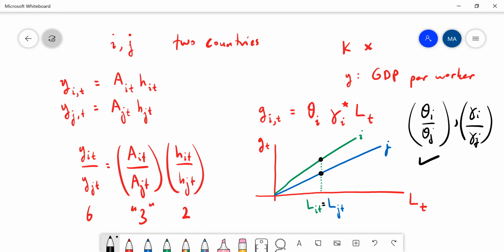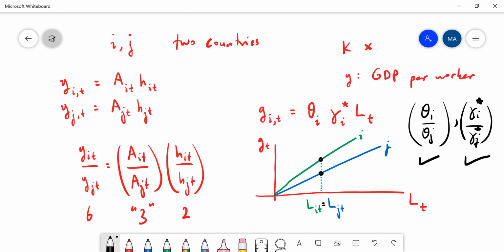Why? Because the research environment, the research capacities, the constant productivity of research will be different. And also the share of workforce employed in R&D will be different.